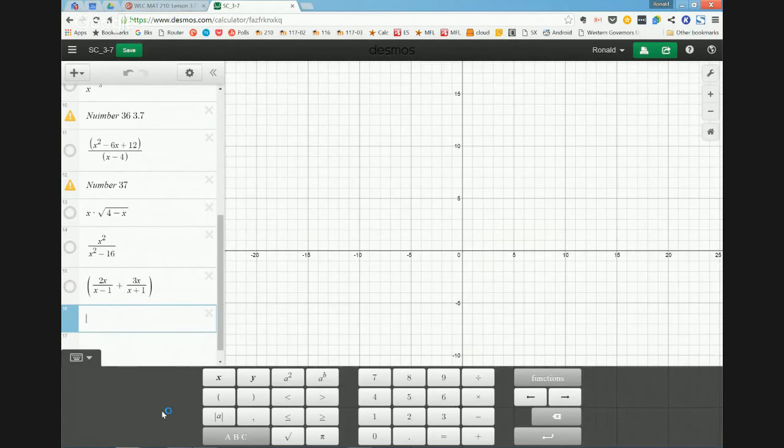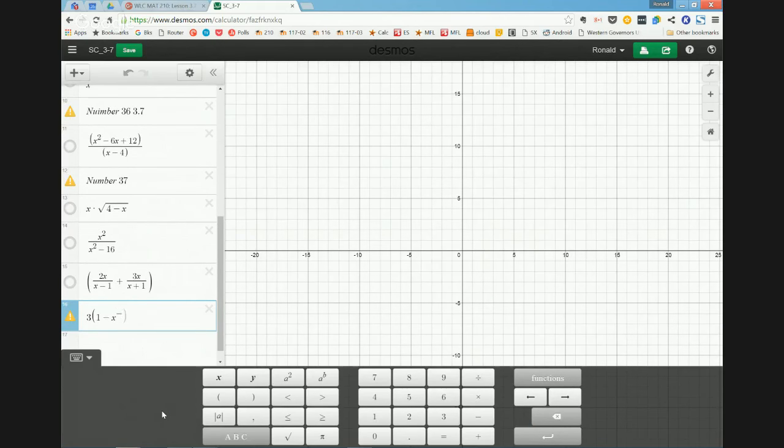It was 3 times the quantity 1 minus x to the negative 2 power. I'm sorry, I'm a little bit slow here today.